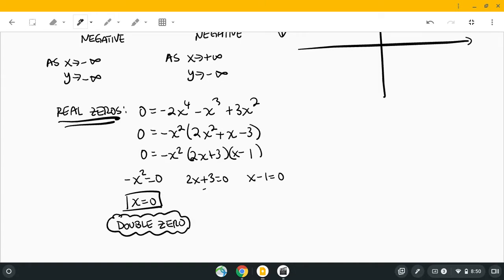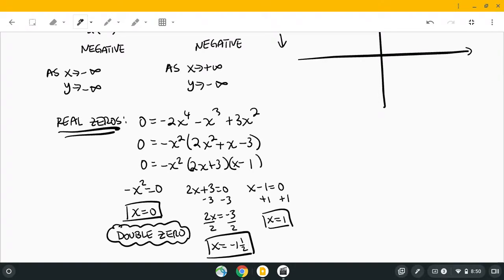This one over here, subtract 3, divide by 2. So x equals negative 1.5. And add 1. So x equals 1. All right, so we have a 0 here.